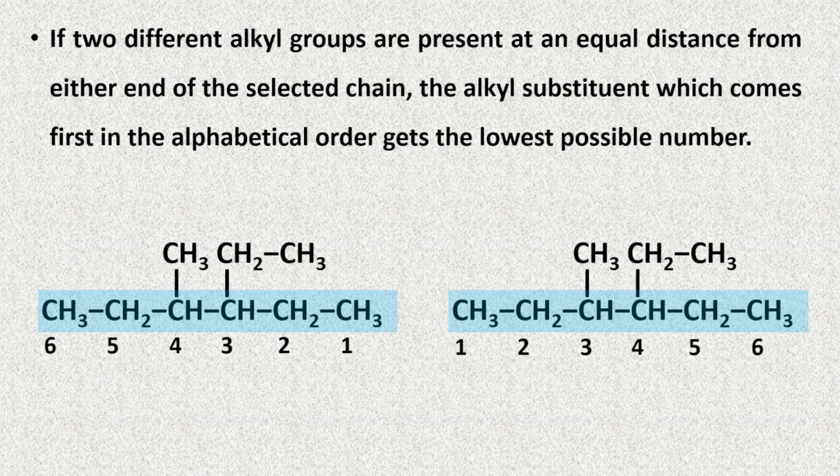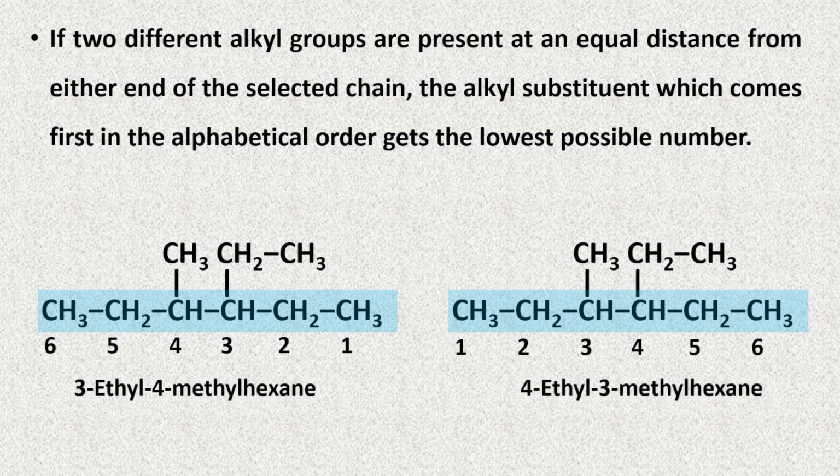Since alphabetically ethyl will come first, we will give the lowest possible number to the ethyl substituent. So, the correct nomenclature of this compound is 3-ethyl-4-methyl hexane, not 4-ethyl-3-methyl hexane.